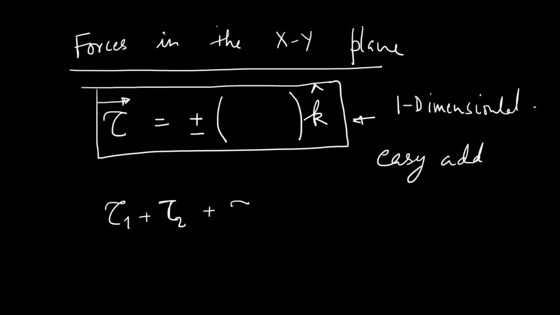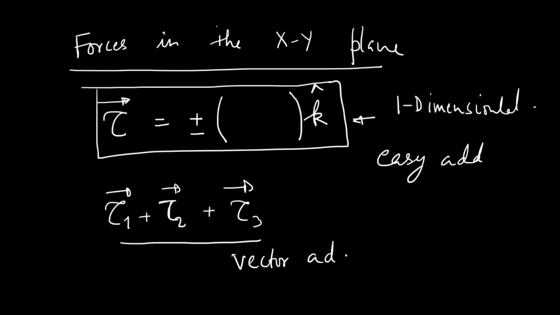So let's say there are 3 forces and we're going to add the torques, but because I'm doing a simple problem, this addition is not vector addition. It is almost scalar addition, and therefore things become much easier.